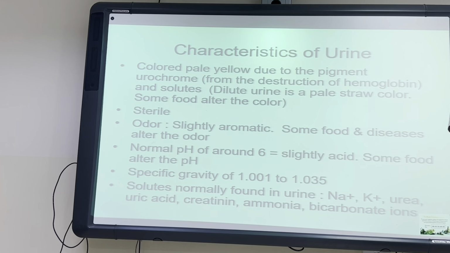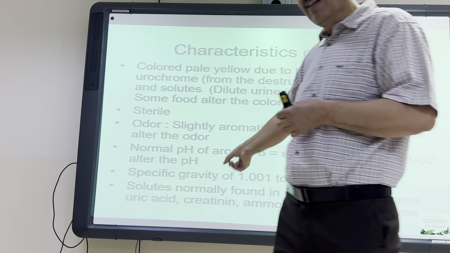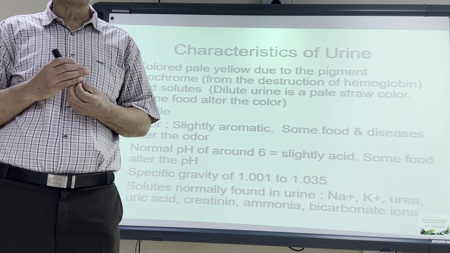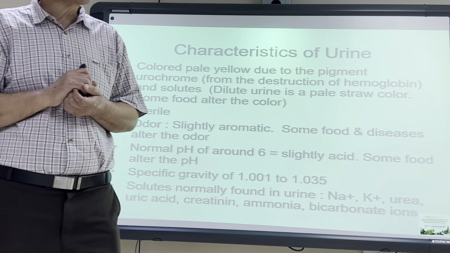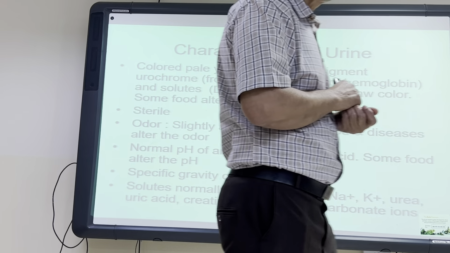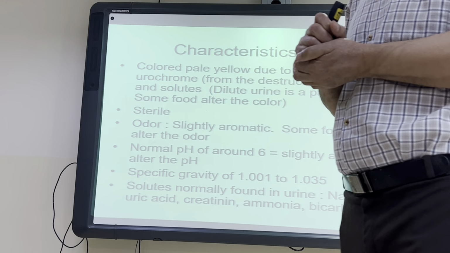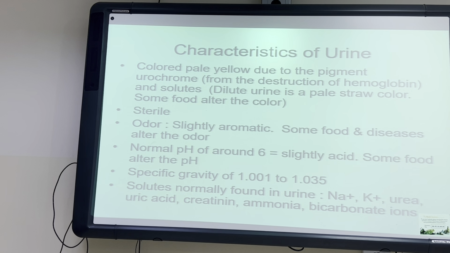And also we have one defense mechanism in the urine. What is the defense mechanism here? It is the non-specific defense mechanism, if you remember. What is the non-specific defense mechanism in our urine that protects our urinary system from multiplication of microorganisms?